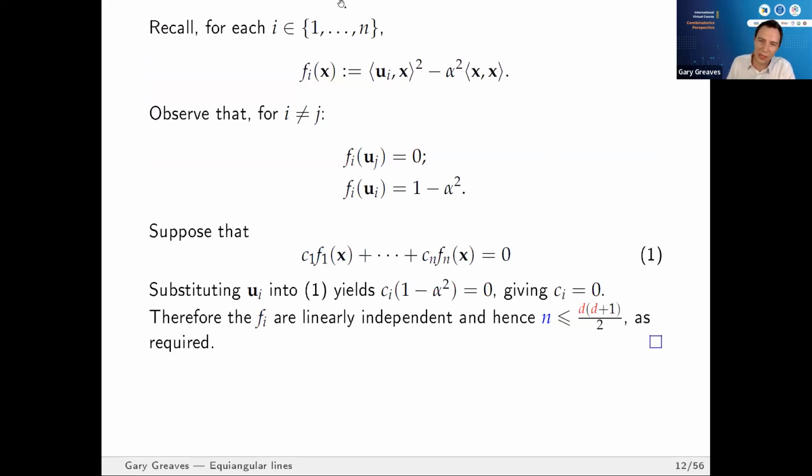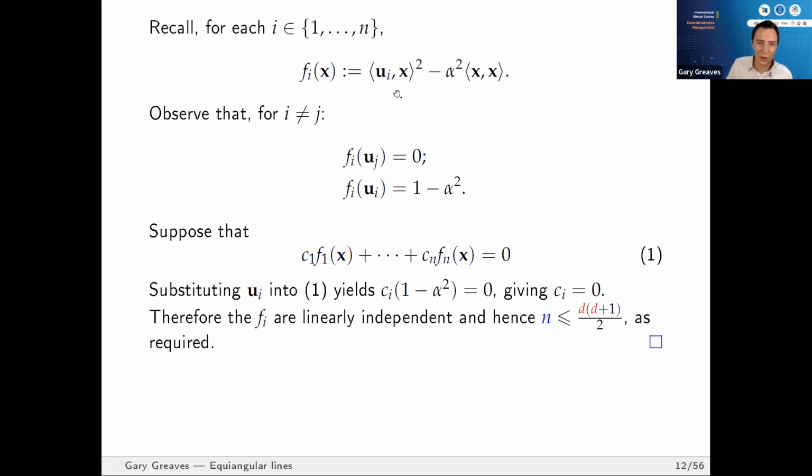So here I just repeat the definition of the polynomials. And now we're going to use a couple of properties of these polynomials. So the first property is this one here. If I plug in u sub j into f sub i, I'll end up with 0. So why is that? Well, let's imagine we plug u sub j in here. Then we'll get u sub i in a product with u sub j.